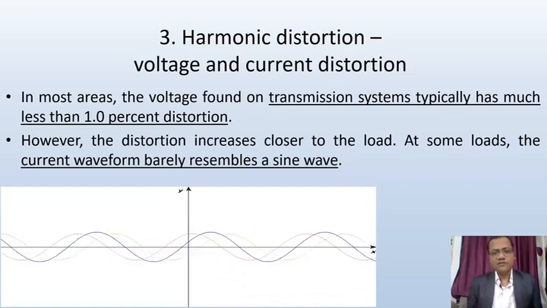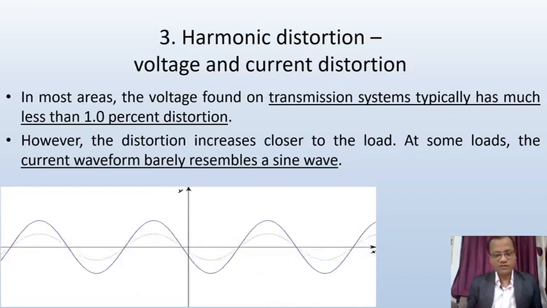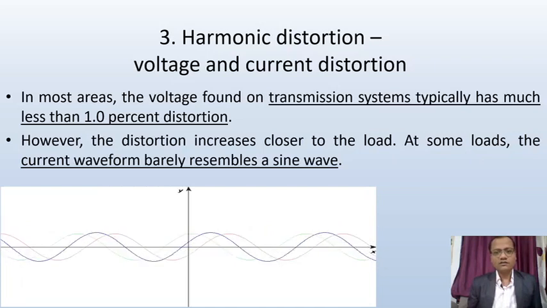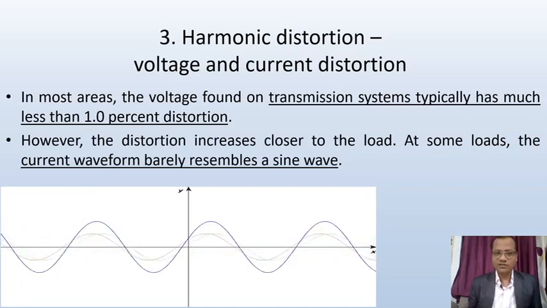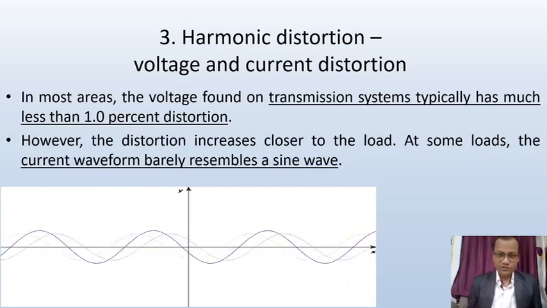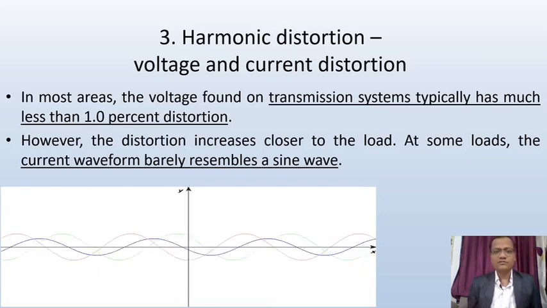In unit number 4, we will see a detailed discussion of harmonics, an introduction, then certain effects on various power quantities, and in unit number 5 we will have the analysis of harmonics and how to design a filter.